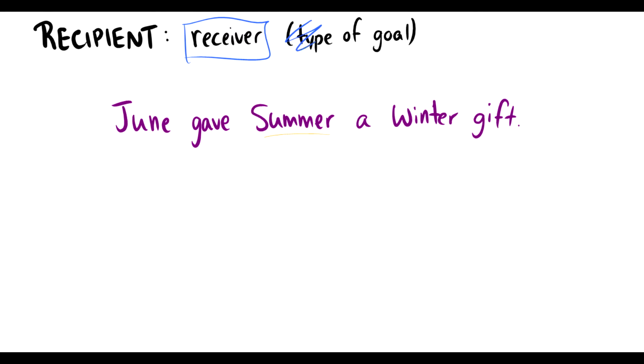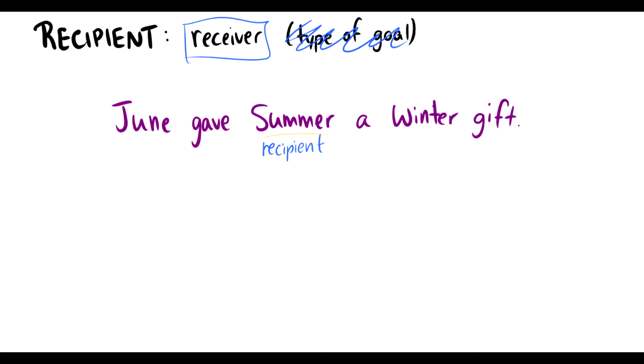The recipient is exactly how you use it in real talk, so just ignore type of goal. And if you know the definition of the English word recipient, then this is probably the most straightforward theta role there is. So June gave Summer a winter gift. Well, Summer is the recipient because she is the one receiving a gift.